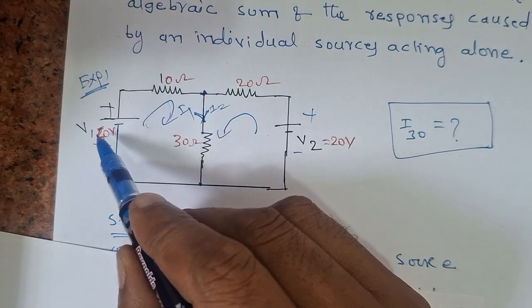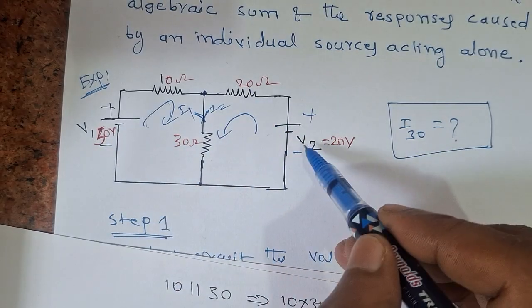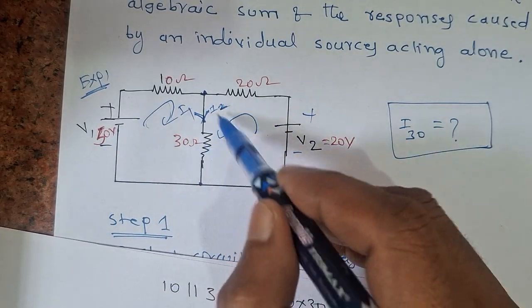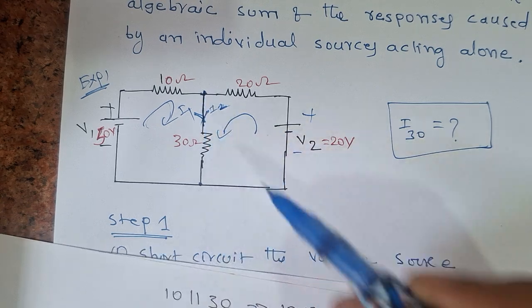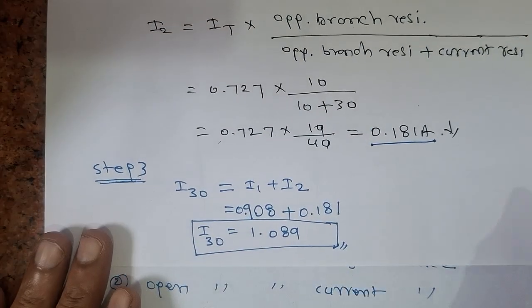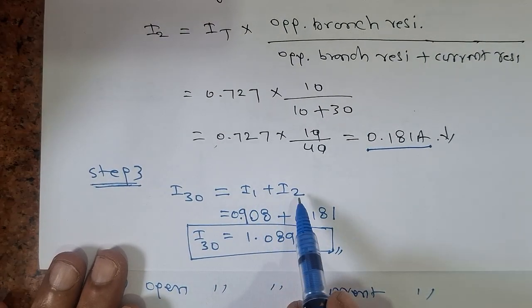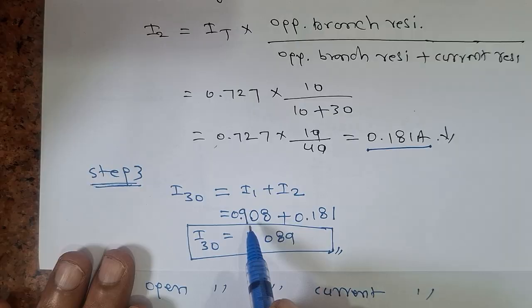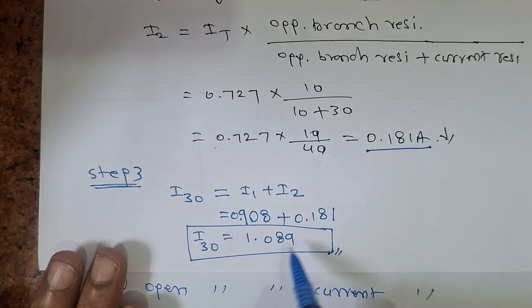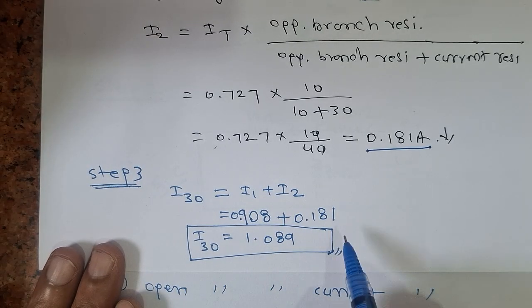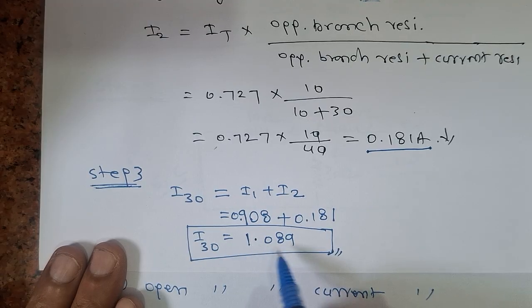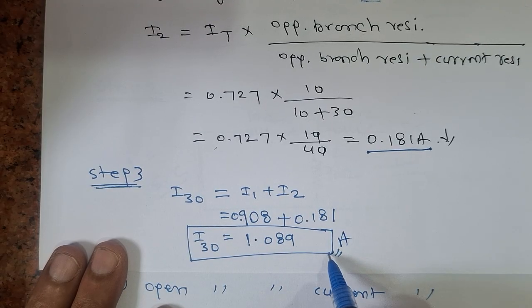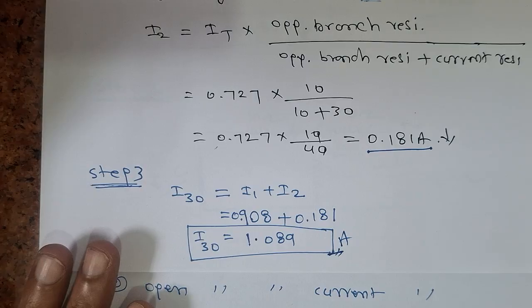I1 from the source V1, I2 from the source V2. So this I1 plus I2 current is flowing through the 30 ohm resistance. Therefore, I30 is equal to I1 plus I2, 0.908 plus 0.181. So I30 is equal to 1.089 amperes according to the superposition theorem.